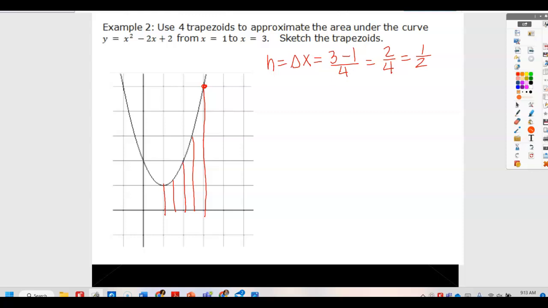So that means I need to know f of 1, f of 1.5, 2, 2.5, and 3. So 1 plus 2 is 3, 3 minus 2 is 1.